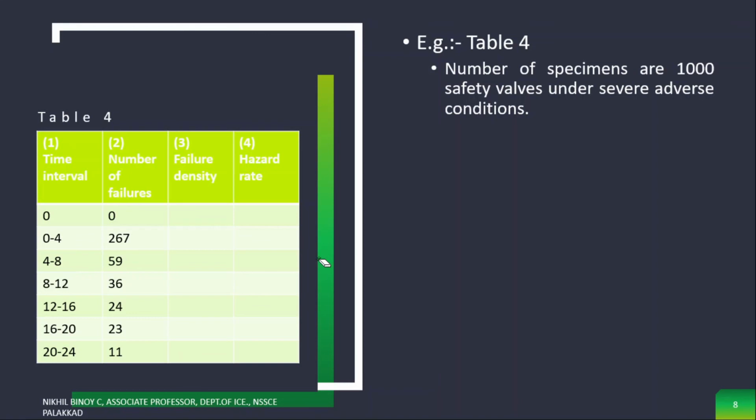Okay. Always try to use the better method. Some methods are very easy to calculate, some are not that easy. But why are we using that difficult equation? Actually, we use the difficult equation like R of t equal to 1 minus sigma 1 to I FD delta t to derive the continuous function.